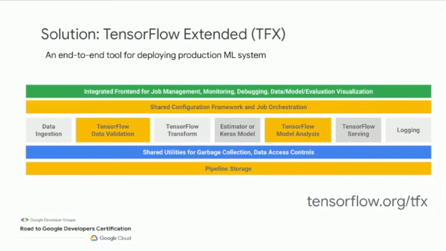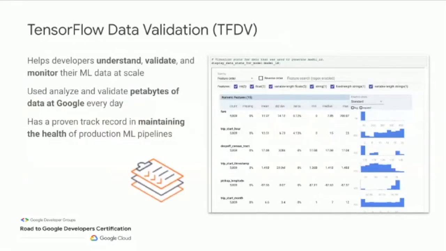So I want to have a look at TensorFlow Data Validation. It is a tool that works with TensorFlow, and it helps you analyze your data and provide some high-level metrics on the data you're going to train the model on. It can be used to analyze very large datasets and do continuous monitoring, for example of the new data that you collect.